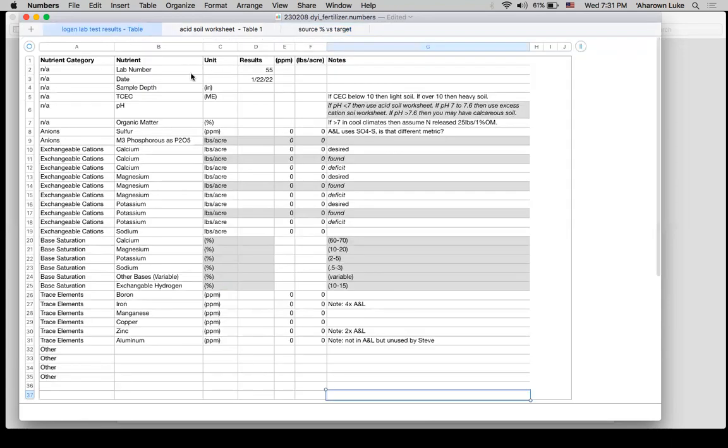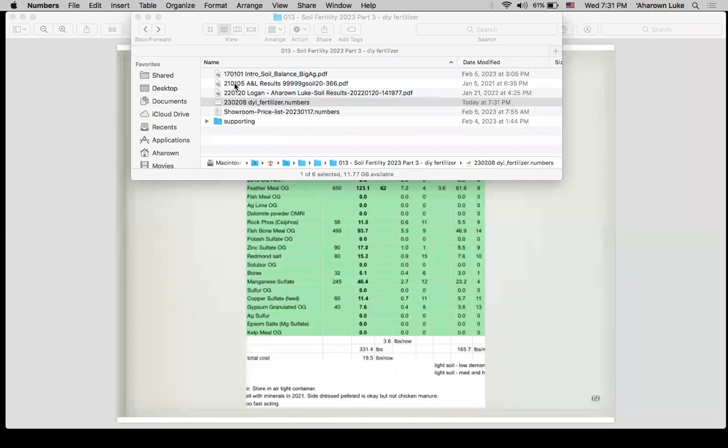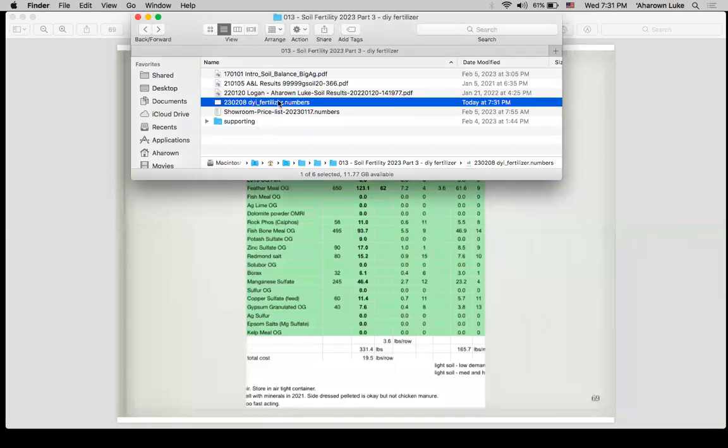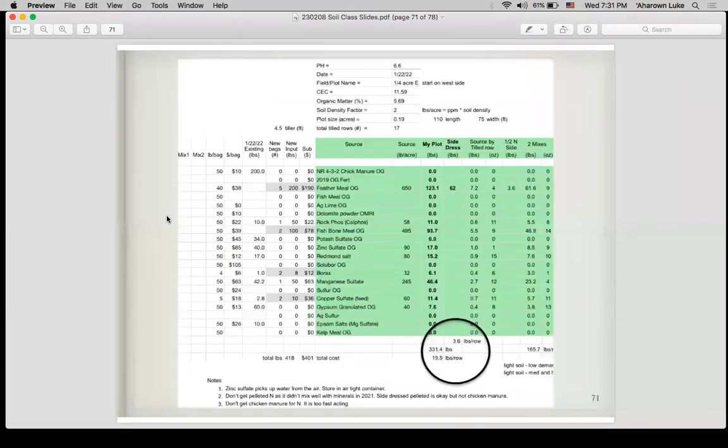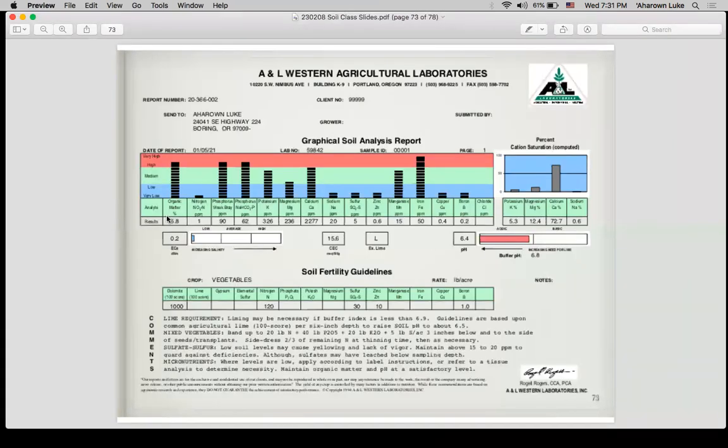I was going to have somebody fill out the inputs and kind of walk through that, but let's just skip to results. So if you look at A&L, they've got this cool graphical soils results.